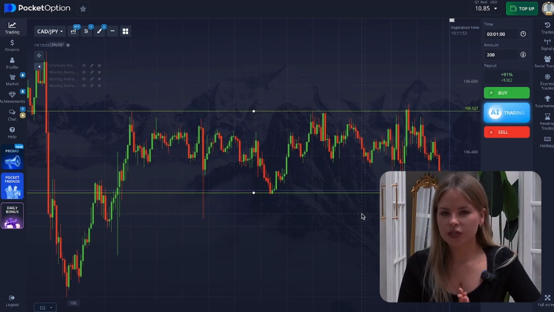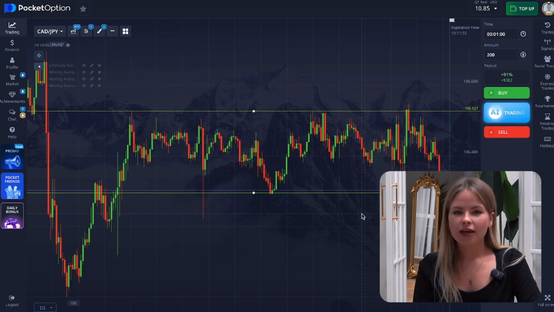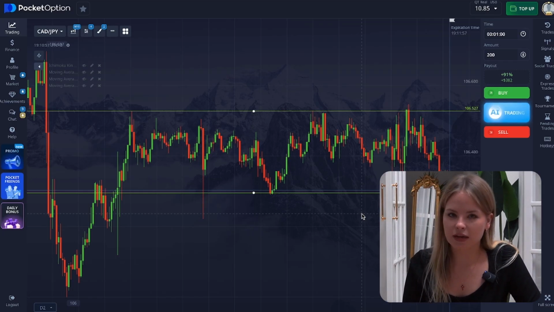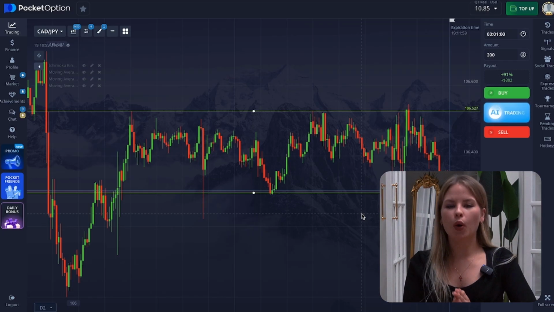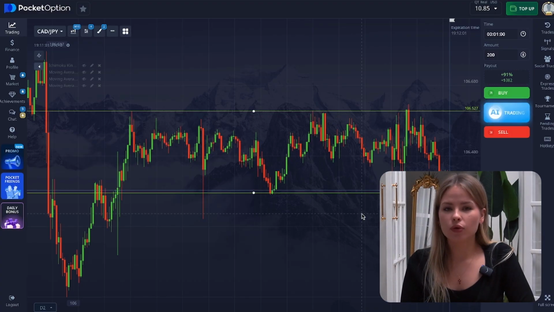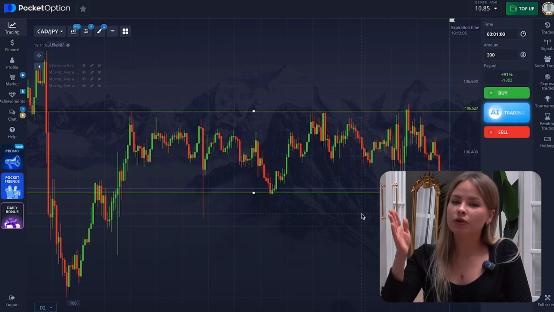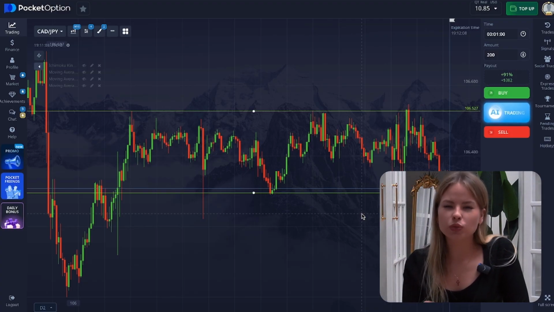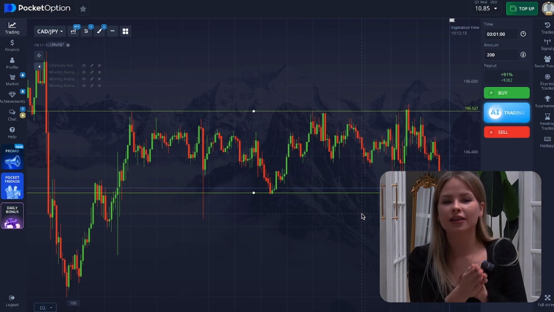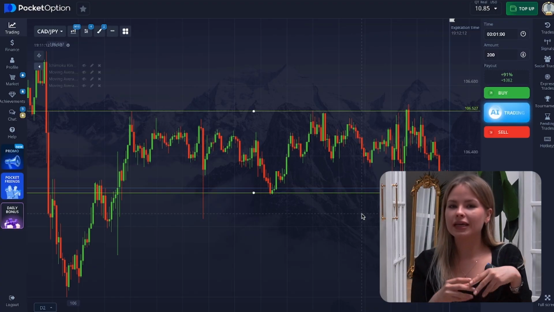Also, if you don't want to make a mistake in drawing your support and resistance levels, then pay attention to one magic word, and the word is regularity. So if you see that the chart comes close to one exact point, one exact line, if you can detect this line, then it's probably a level.